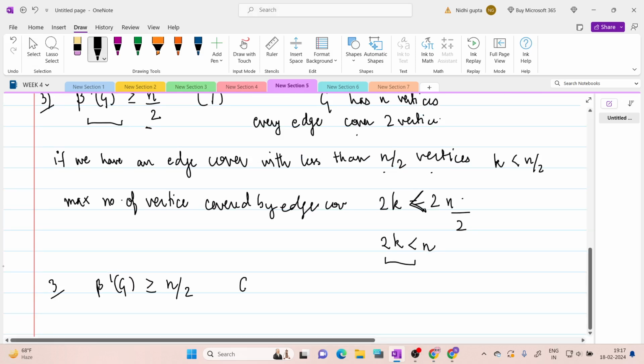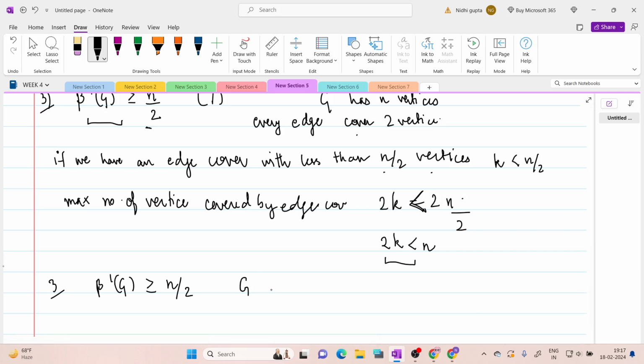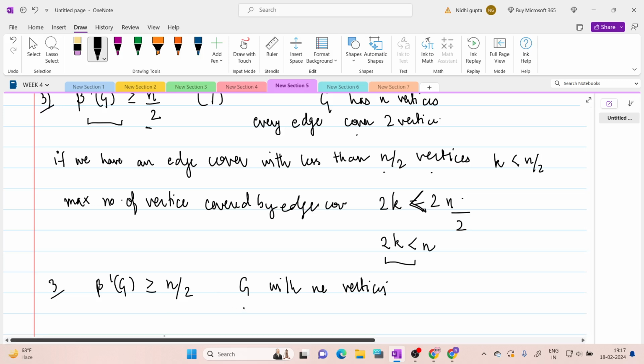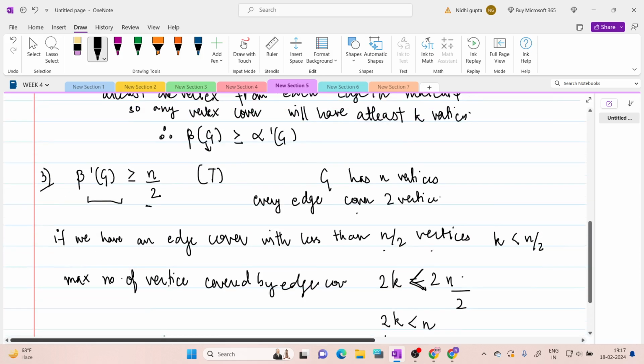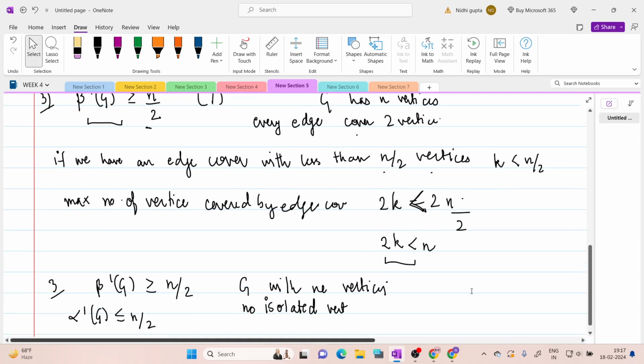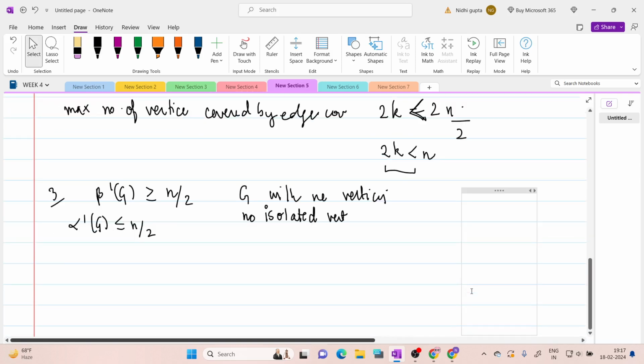Now we are given a graph G with n vertices and no isolated vertex. Can we say that alpha dash G should be less than or equal to n by 2? True or false? Can we use some theorem to conclude this? Hint.